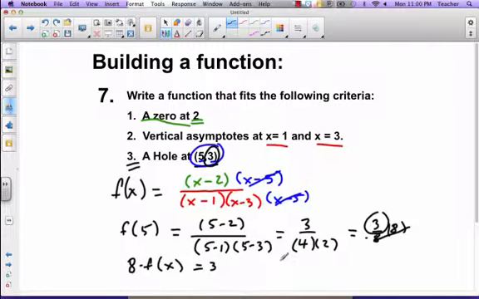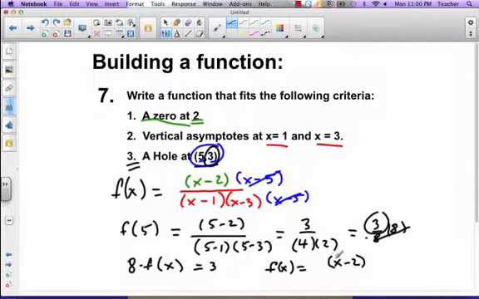So what that leaves us with is the following equation. We go back to all of our original pieces. The one we had in green was x minus 2. So we'll have f of x equals, and our numerator will be x minus 2. We'll put parentheses around that.